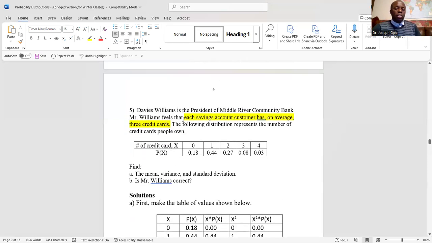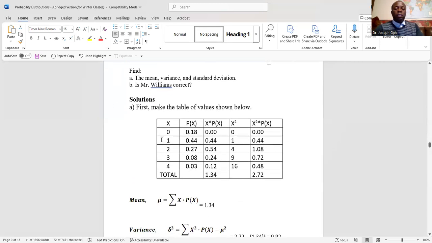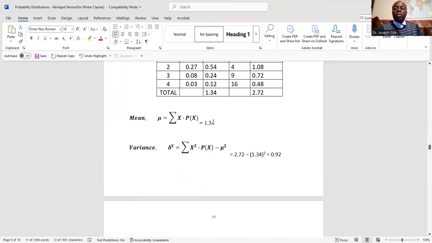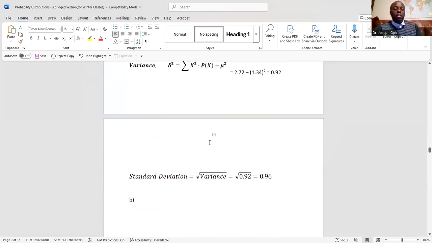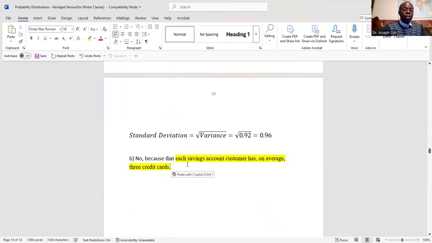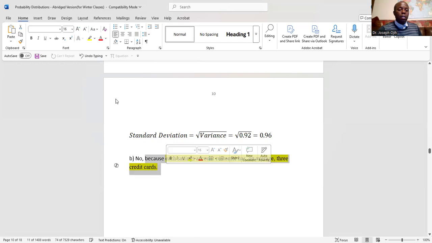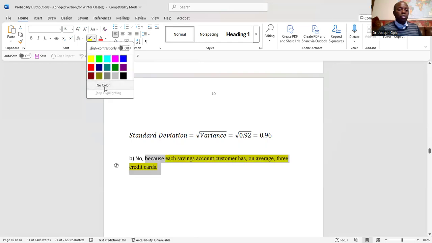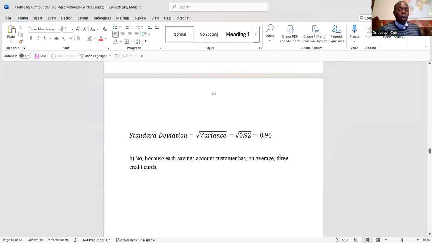Because each savings account customer has an average of 1 credit card.